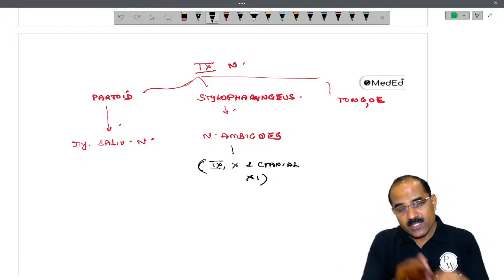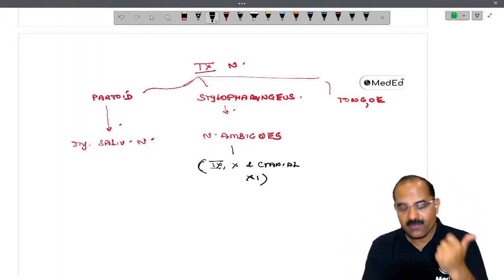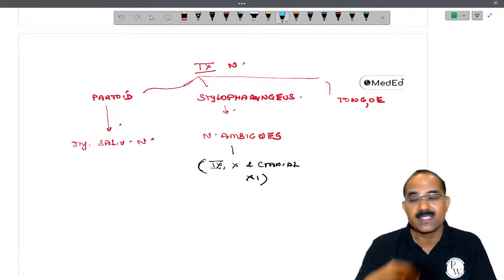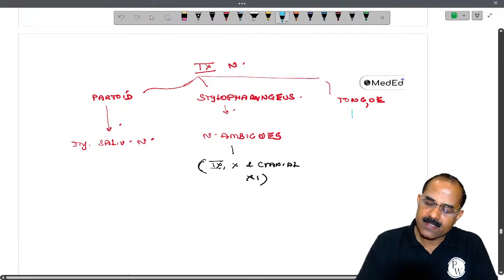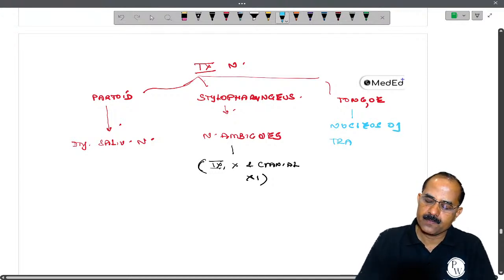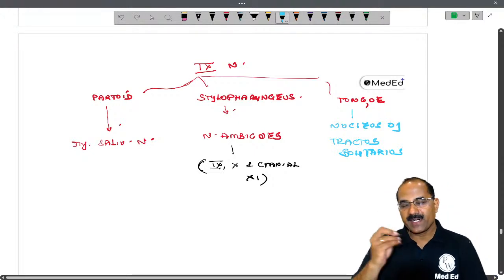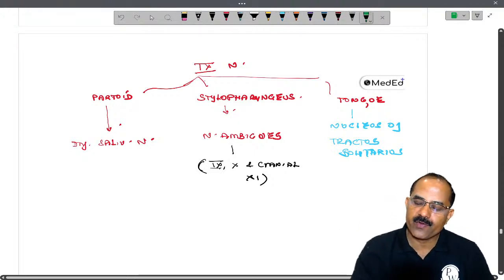अब glossopharyngeal nerve carries sensations from the tongue. So to carry sensations from the tongue, glossopharyngeal nerve का एक separate nucleus है, and that's the nucleus of tractus solitarius. But again, the nucleus of tractus solitarius is a common nucleus for three nerves.